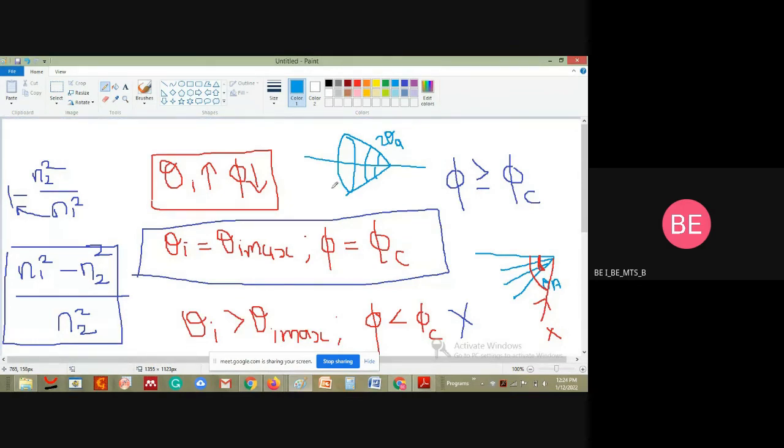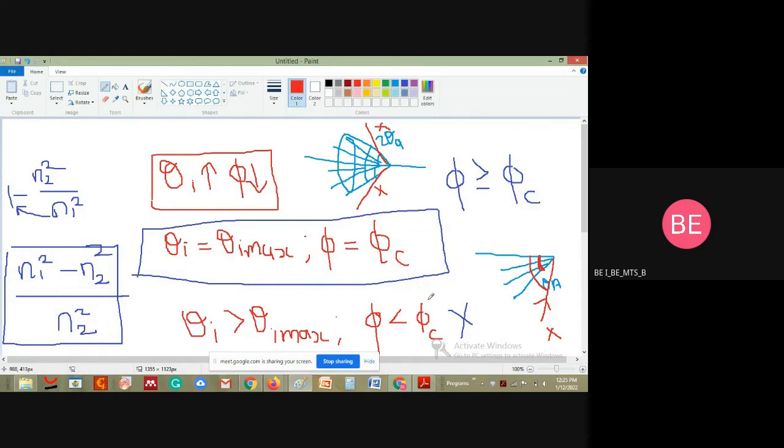When light falls within this cone, it will be totally internally reflected. But when light falls outside this cone, it will not be taken for total internal reflection. So the cone with the solid angle of 2 theta A around the axis is called the acceptance cone.